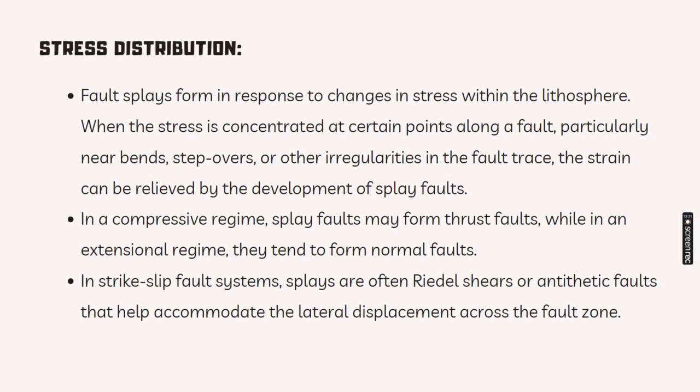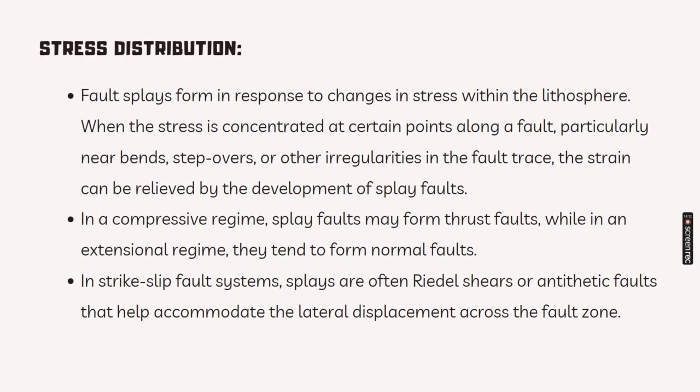When stress is concentrated at certain points along a fault, particularly near bends, step-overs and other irregularities in the fault trace, the strain can be relieved by the development of splay faults. Those are the zones where maximum compression or minimum, that means extension, pockets can develop, and those pockets will see either sagging or, as I mentioned, pop-up blocks. Those are nothing but related to splay formation.